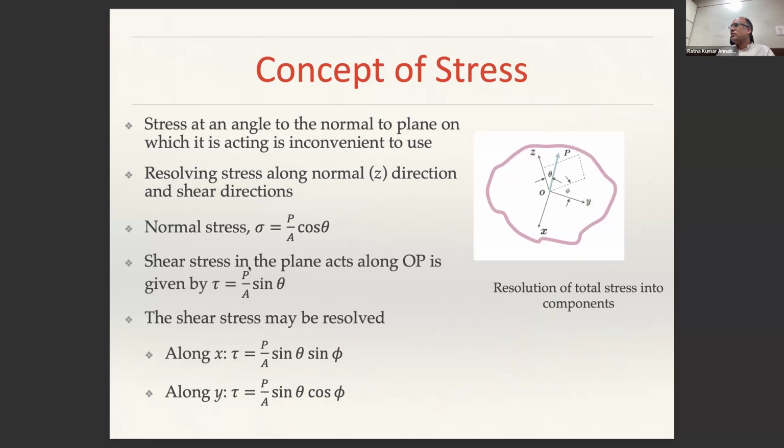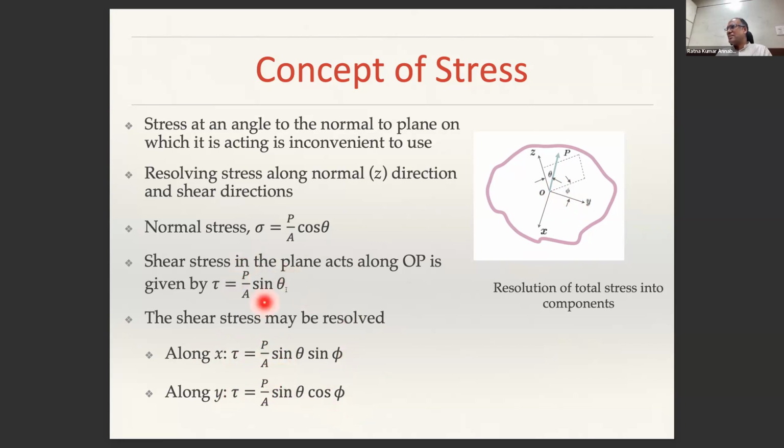So if it is oriented at an angle theta, then the normal stress is P by A cos theta, and the shear stress can be written as P by A sin theta. And again, the shear stress within the plane can have two components along x and y direction. If it is at an angle phi with respect to the x and y axes, then we can write shear stress components tau along x direction and along y direction as P by A sin theta sin phi and P by A sin theta cos phi.